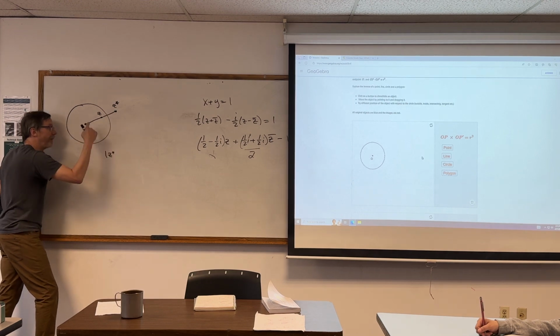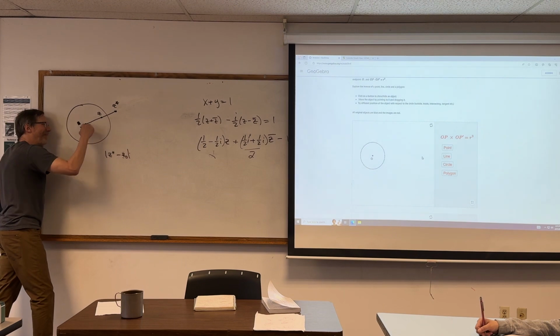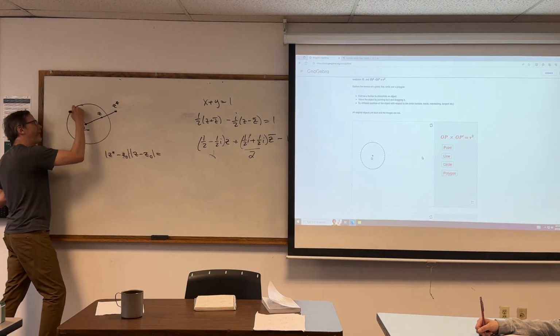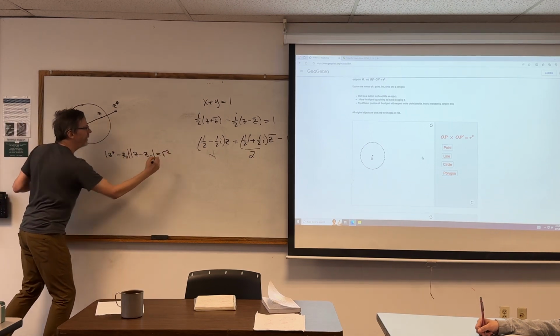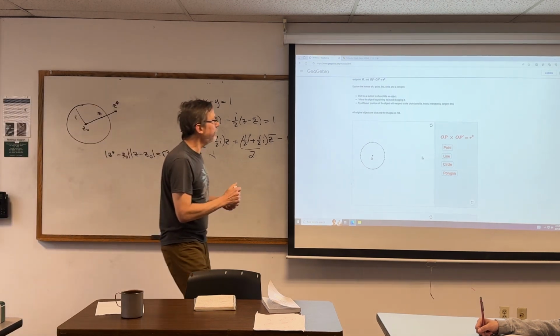The distance from that to the center, times the distance from that to the center is the radius of this circle squared. So that's all that's saying right there, just giving us the fundamental way we thought about inversion.